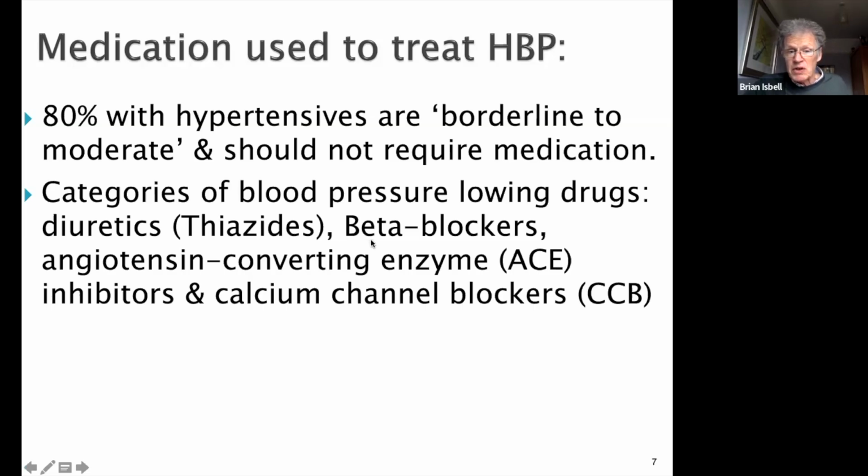medication that's referred to as beta blockers, which are involved. The way they work is to block the breakdown of adrenaline, and adrenaline is something which obviously will tend to raise blood pressure. So it's beta blockers. Now the other names are quite complex: angiotensin converting enzyme inhibitors, ACE inhibitors, and the other type is calcium channel blockers.